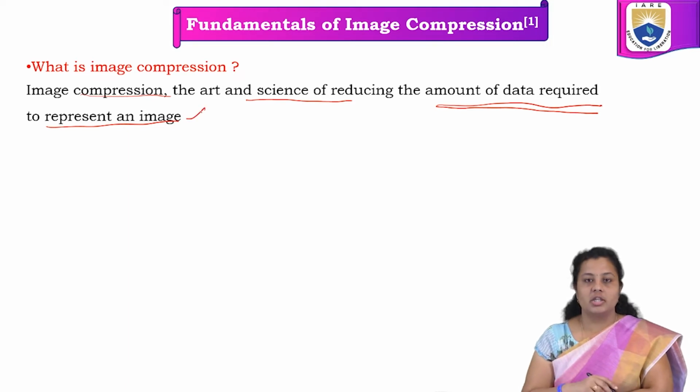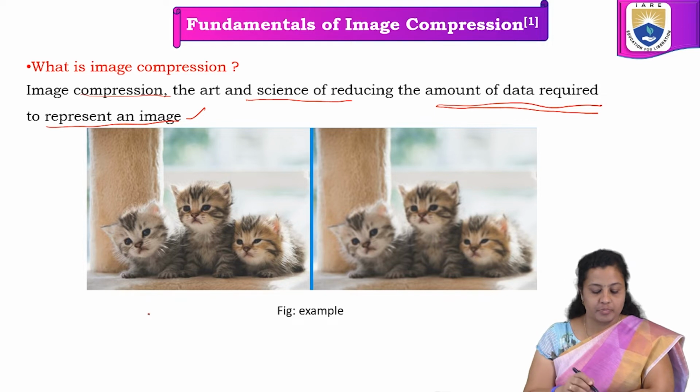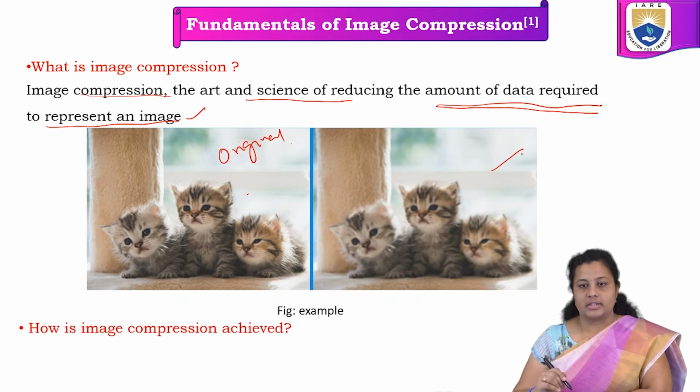So when we are doing image compression, the amount of data required to represent the image is reduced. For example, if we see an image here, this is the original image. After compression we should find the image to be exactly the same, but the amount of data used for representing it should be less, right?